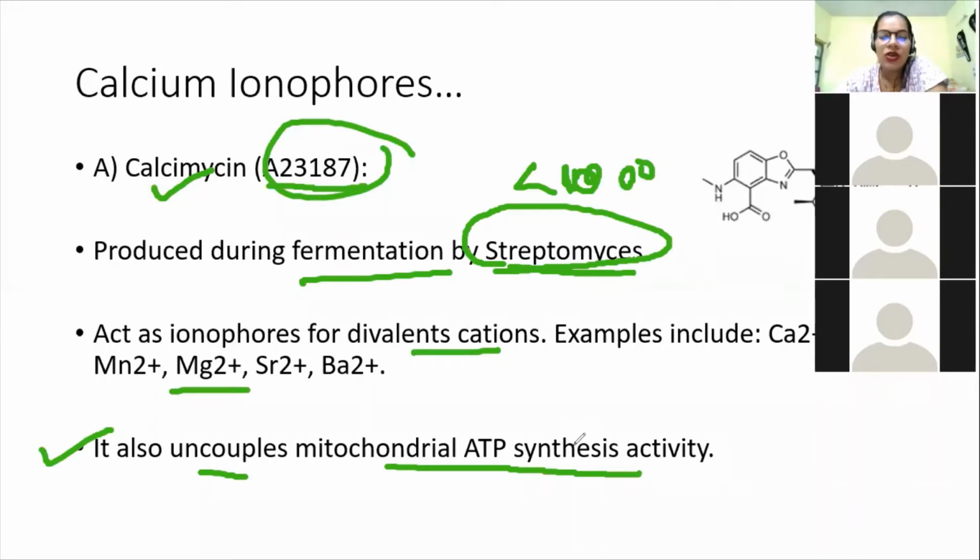Ramya, do you know what it means? Or in simple words, does it inhibit the ATP synthesis activity or promote it? What does uncoupling mean? Yes, Pallavi? Inhibit. Very good. It is inhibiting, that is, it is stopping the ATP synthesis.